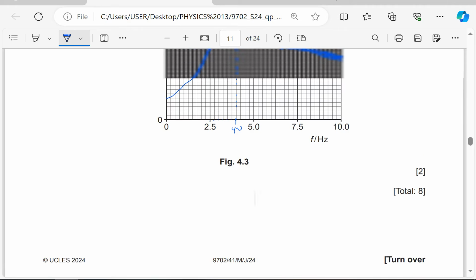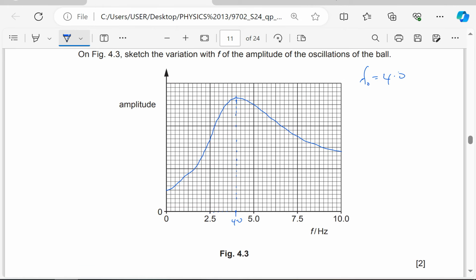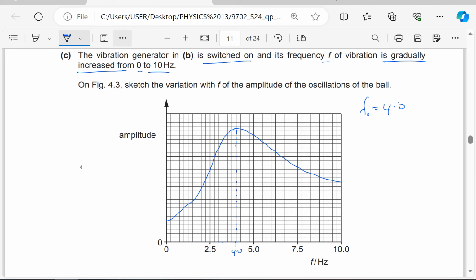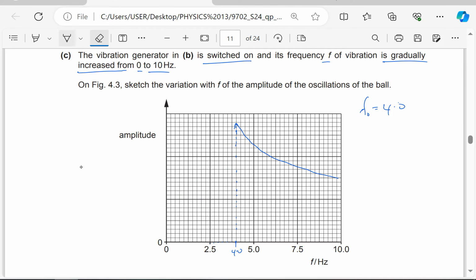Oh, by the way, before I forget, this graph should never touch the x-axis. The curve will show a maximum amplitude at a single frequency. Let me make this sharp because I want it to show maximum amplitude at a single frequency.